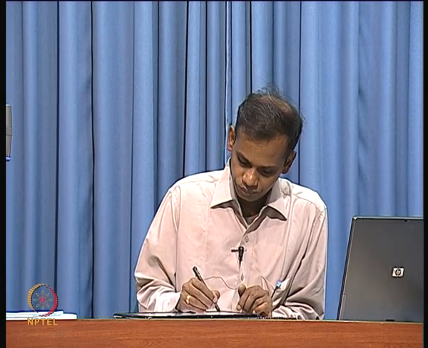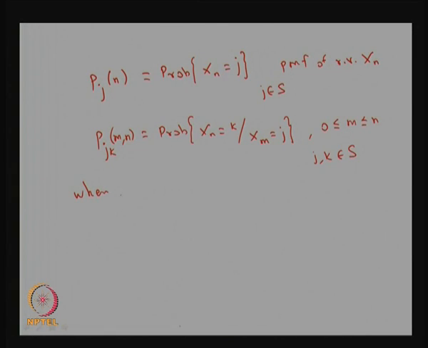When the DTMC is time homogeneous, this is very important, that means it satisfies the time invariant property.